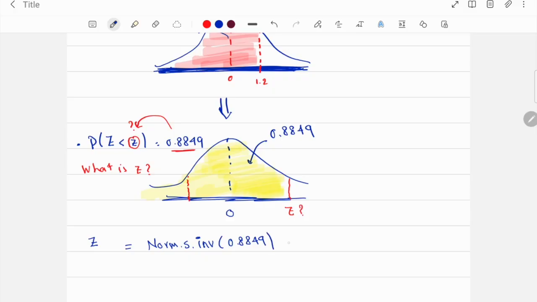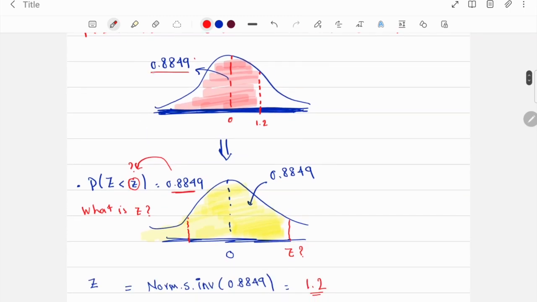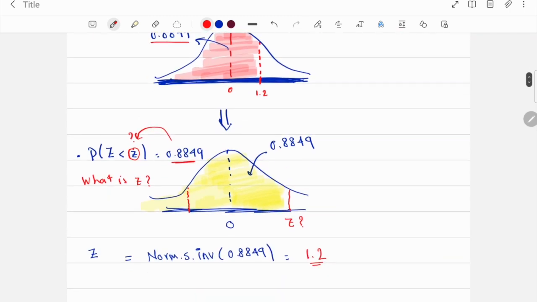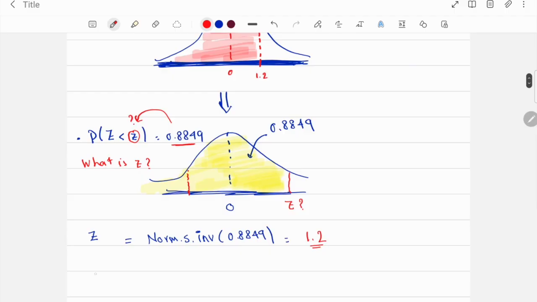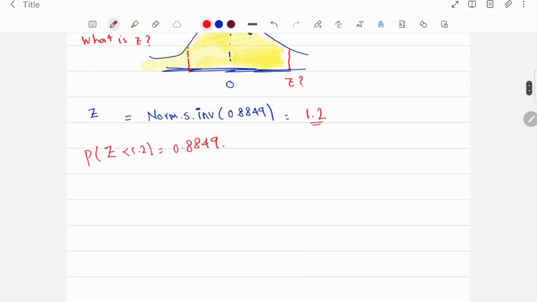Then you write the probability, then you get the answer. And the answer is technically going to be the same value we got before, because we used the same value. So z is going to be 1.2. So to put all the puzzles together, P of Z less than 1.2 is equal to 0.8849.